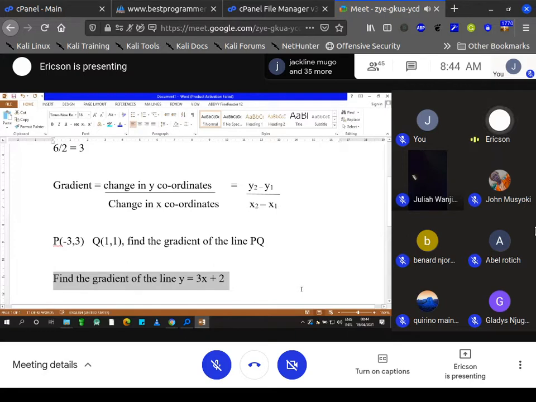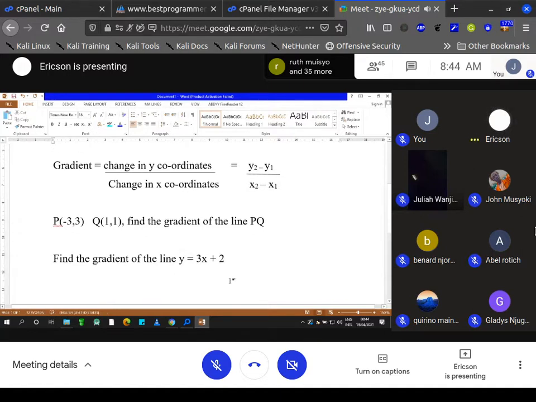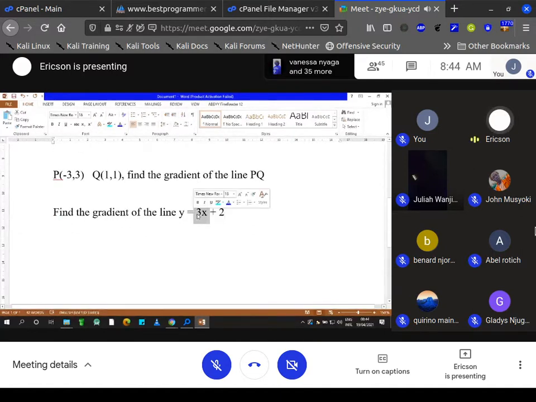You can either choose to plot a graph, pick 2 points on this line, and find the gradient from there. If not that, you can pick one value of x and find the corresponding value of y, so that you have your first coordinate. Then pick another value of x, find the corresponding value, and you'll have the second coordinate.